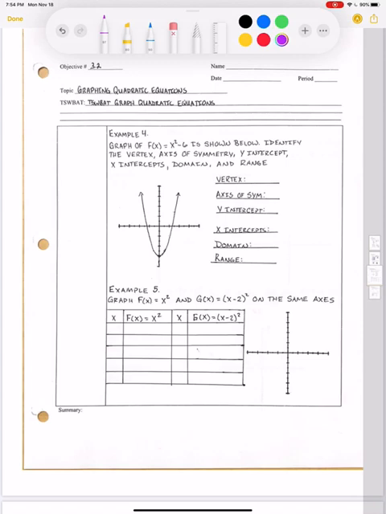Okay. Example 4. The graph of f of x equals x squared minus 6 is shown below. Identify the vertex, axis of symmetry, y-intercept, x-intercept, domain, and range. The vertex is the point that changes direction of the graph. And this is going to be at the point (0, -6).